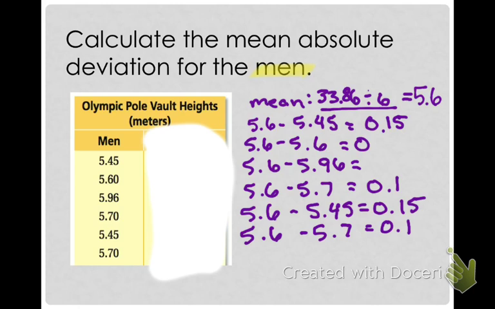All right, so now you can see I've done every one of those except for this first one, where it's 5.6 minus 5.96. Now, when I put that in, I'm going to get a negative number. I get negative 0.36, but I don't want the negatives, so I'm just going to write that as 0.36 because remember we're taking the absolute value of that.